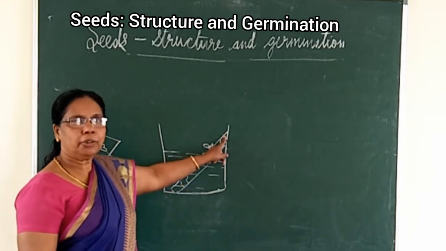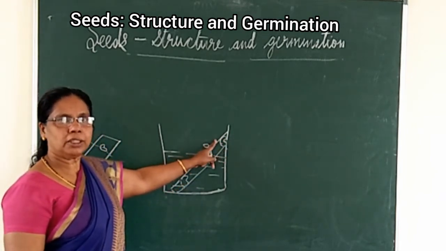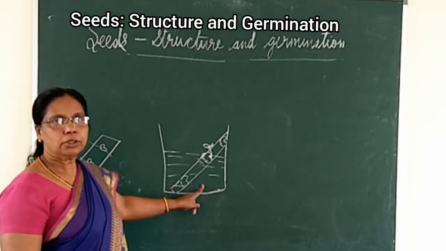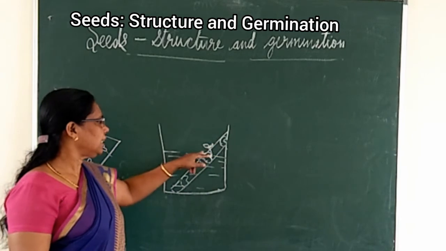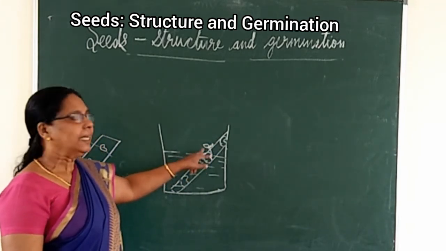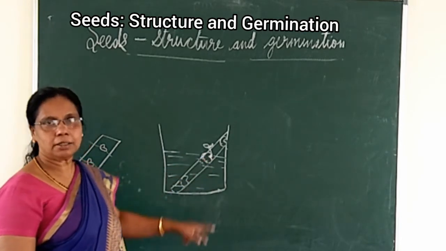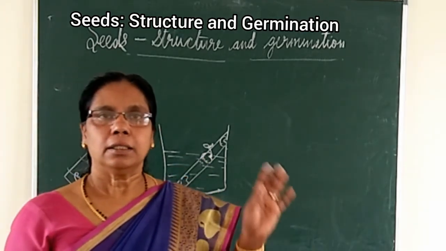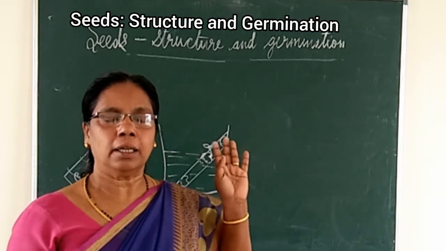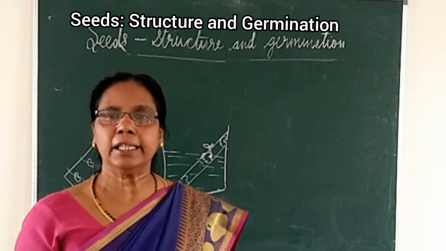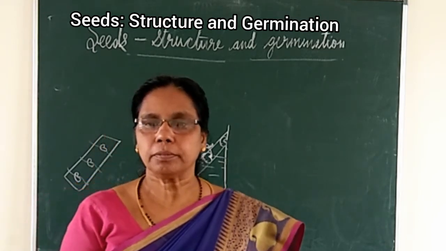Whereas the third seed is getting oxygen, but it is not getting water, so there is no probability. Whereas the middle seed, the second seed, starts to germinate because it gets water as well as oxygen. So this proves that water as well as oxygen is very much important in the case of germination.